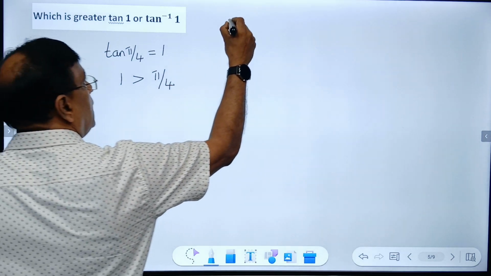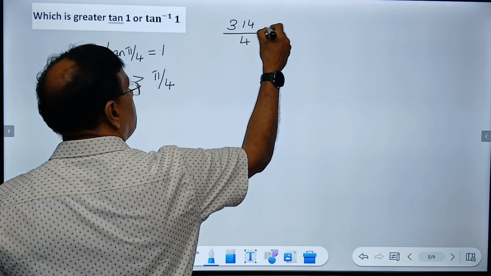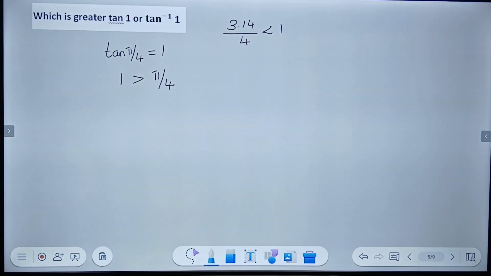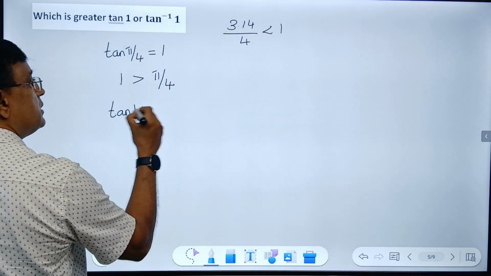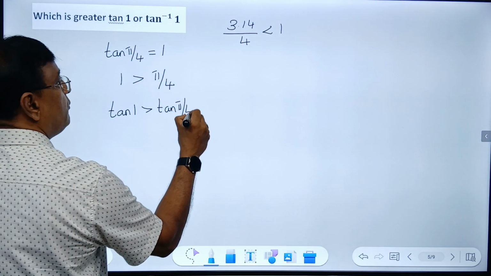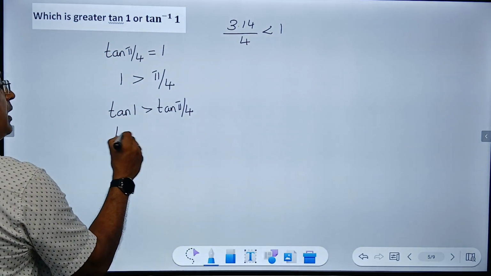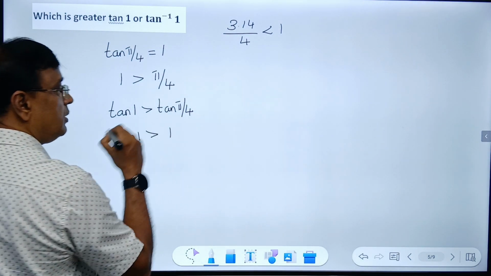Why? Pi by 4 is 3.14 divided by 4, which will be definitely less than 1. So 1 is greater than pi by 4. Now take tan on both sides. Tan 1 is greater than tan pi by 4.